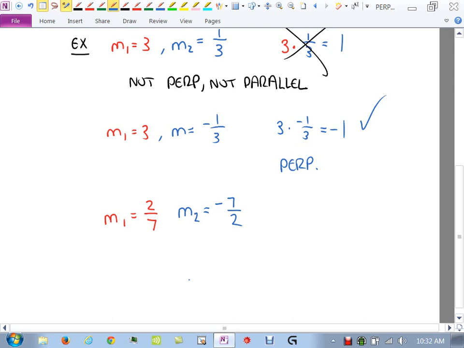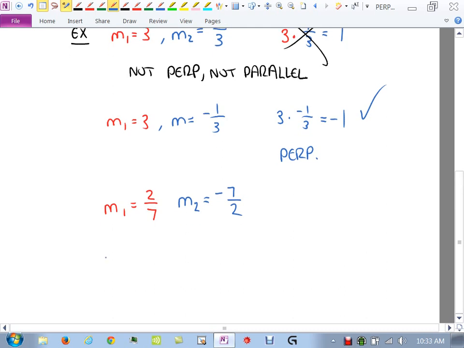That's what I was talking about when I said negative reciprocal. If you look at 2/7 and you flip it, that's the reciprocal, and you change its sign, make it negative, then they'll be perpendicular. Because what would happen if I multiply those together straight across? I get -14/14, which is -1.